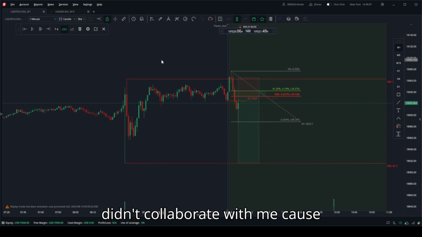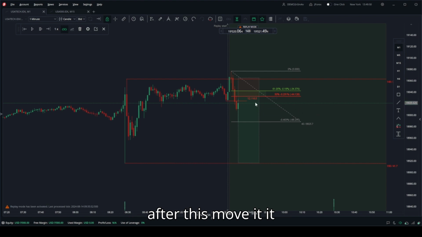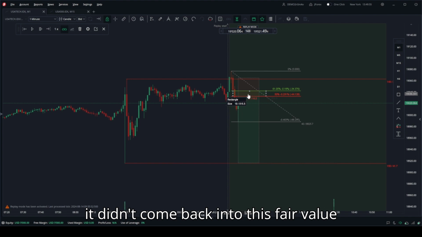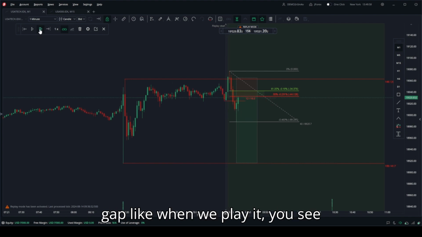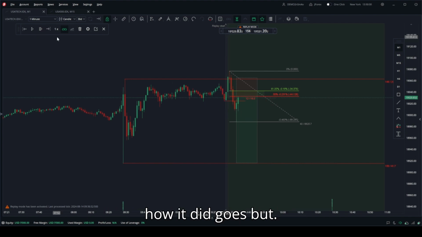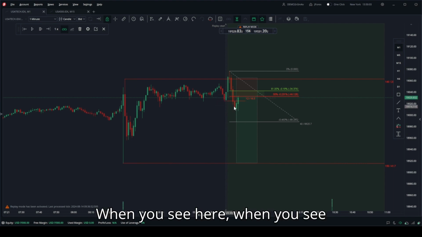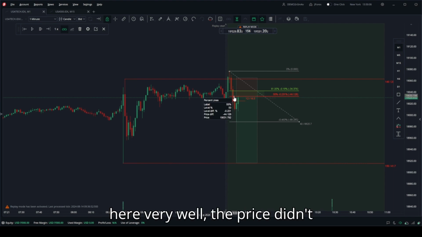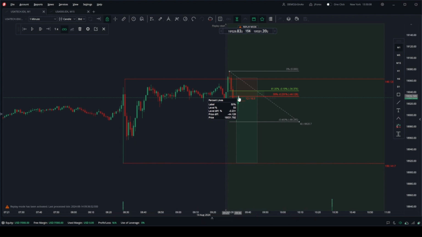because after this move it didn't come back into this fair value gap. When we play it, you see how it goes. When you see here very well, the price didn't touch this FVG.